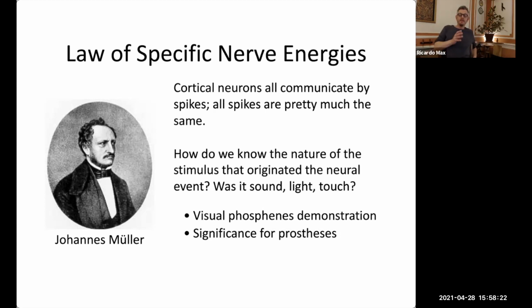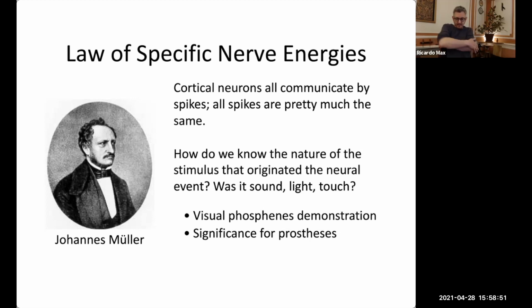So how come the later parts of our brain can so clearly differentiate information and ascribe it to very discernible sensations between our different senses?